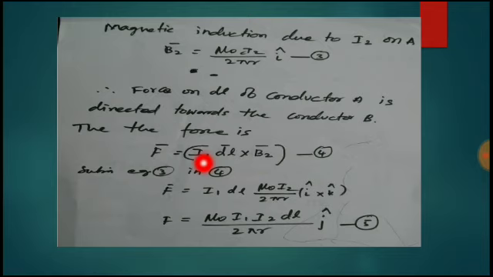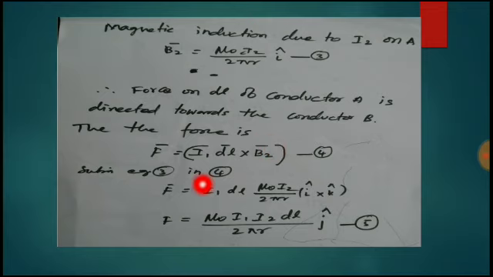I1 current is carried by the first conductor, and over the element length DL, the second magnetic field is present. That's why I am taking B2.